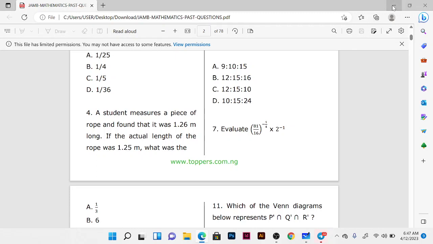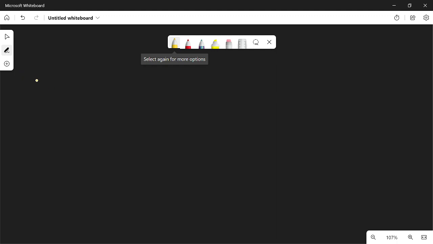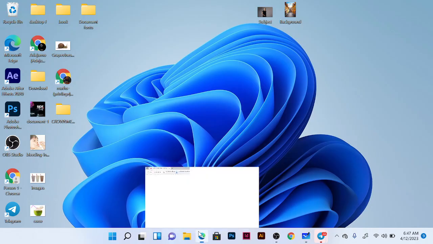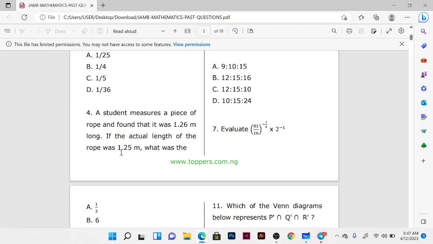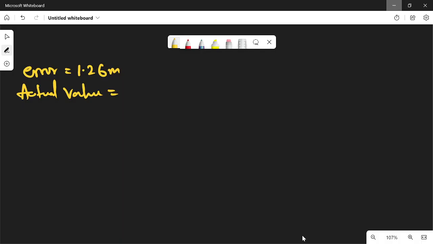So if you look at this now, what the student measured is 1.26 meter, and the actual value is what? The actual value is 1.25.